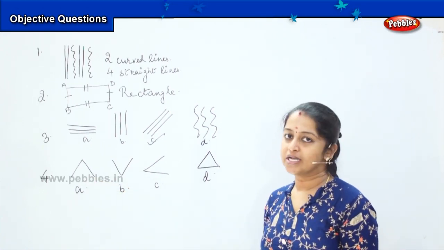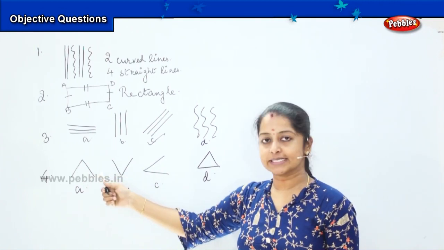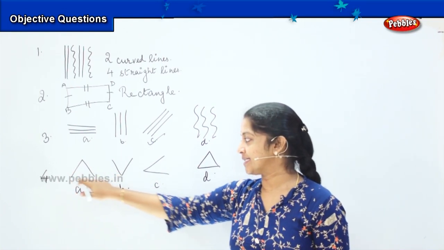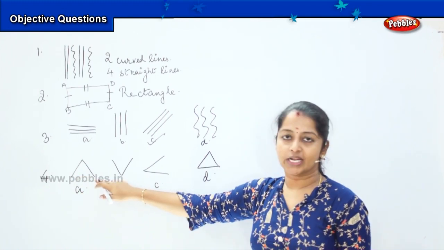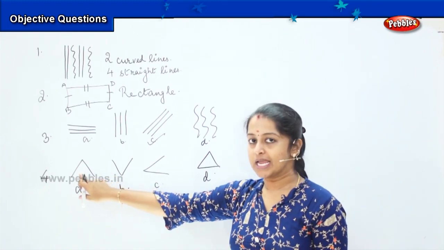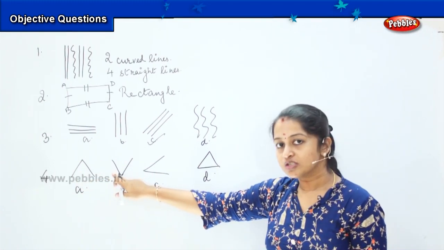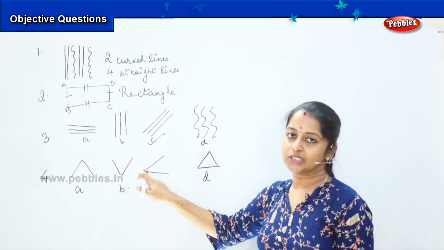No, because a triangle has got 3 sides. And how many sides has this option got? It's 1 and 2. And it's an open-ended figure, right? There is nothing which is joining this figure. So my option A is not the right answer. My option B is also not the right answer because again it has got only 2 sides.